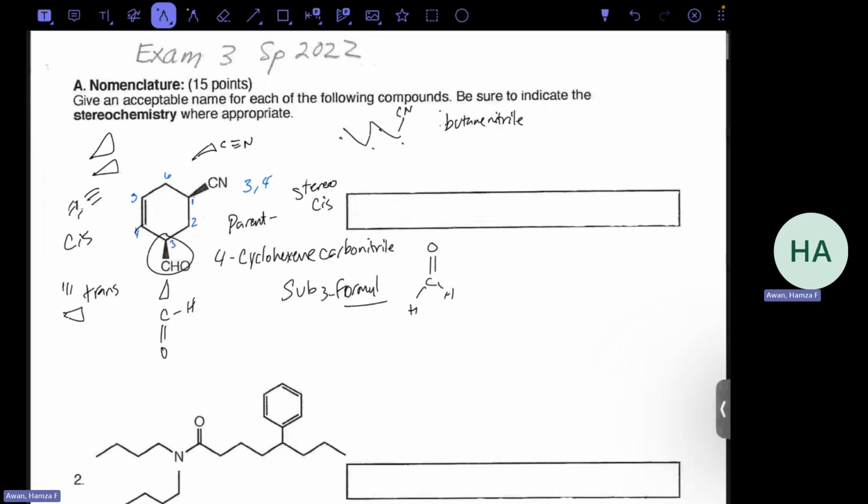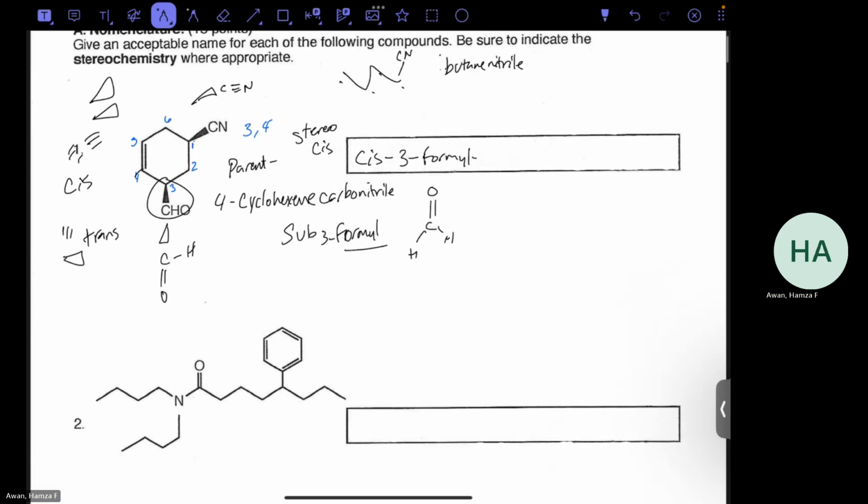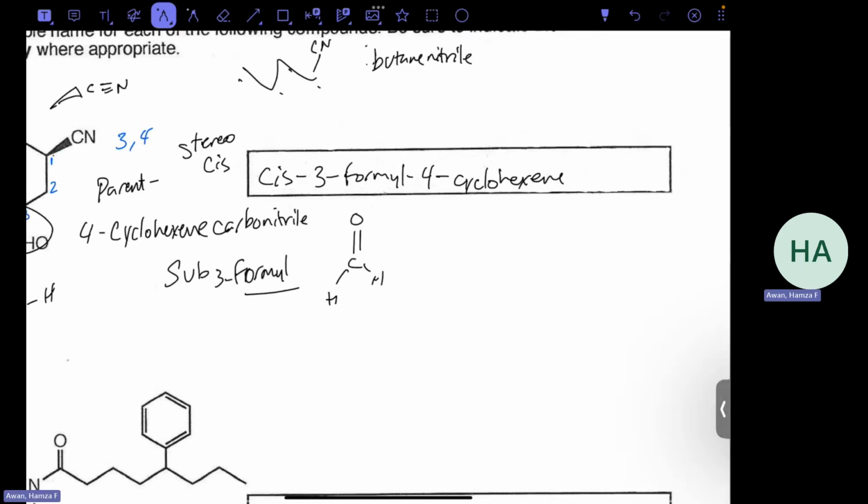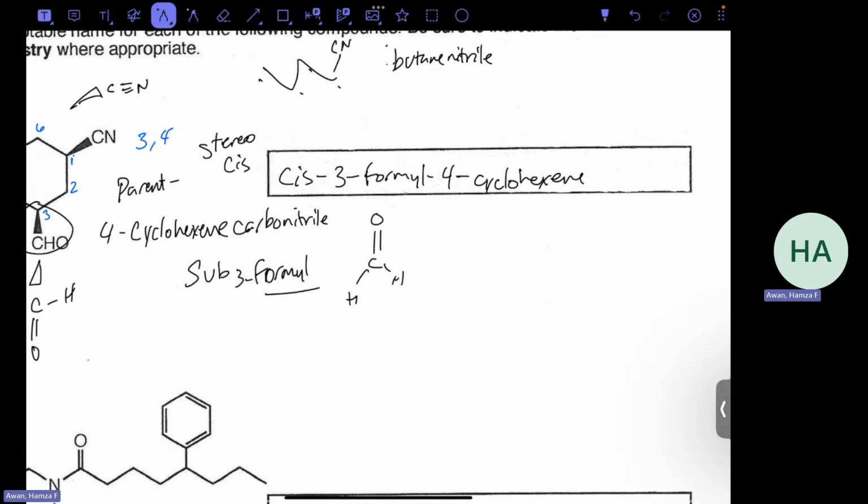So now we've done everything and we can put it all together. Cis-3-formyl-4-cyclohexene. And remember, whenever you're naming this, to keep it in one word.